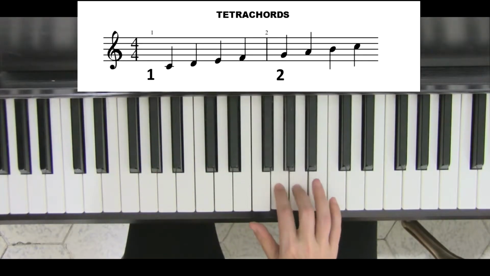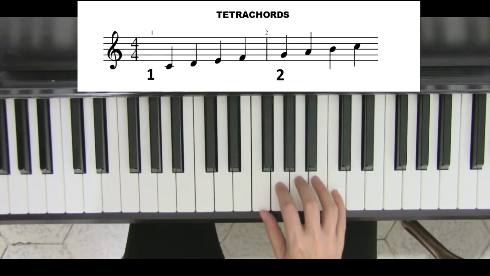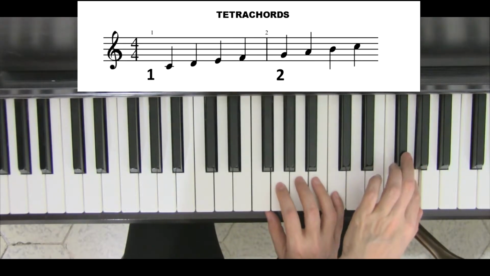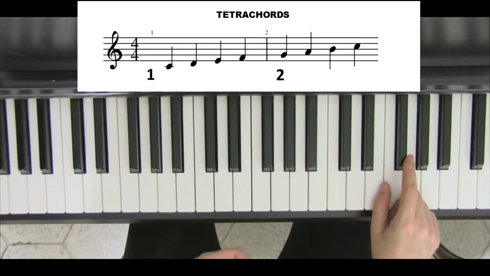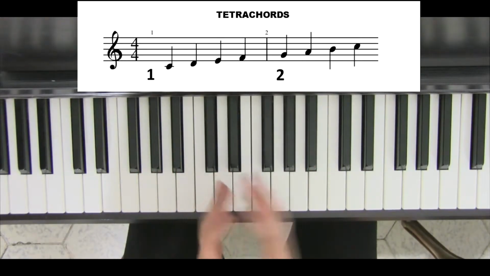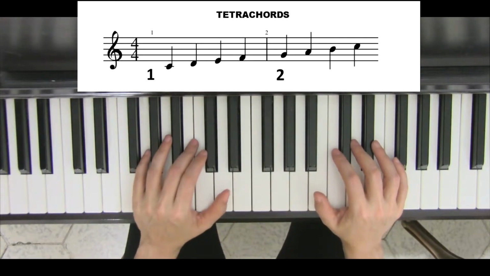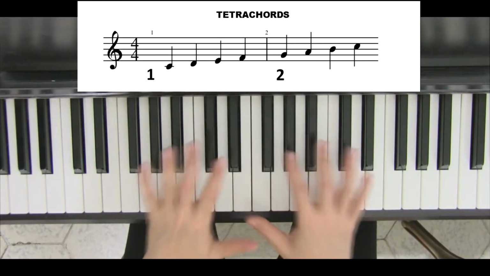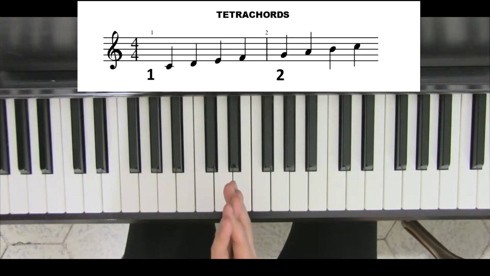So G, A, B, C, and then D, E, F, G. You need to play F sharp, because we are following the structure of the C major scale. But well, we are not talking exactly about the major scale. This is not what the video is about.